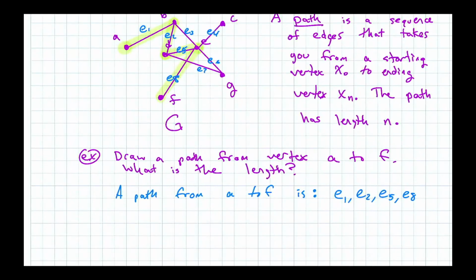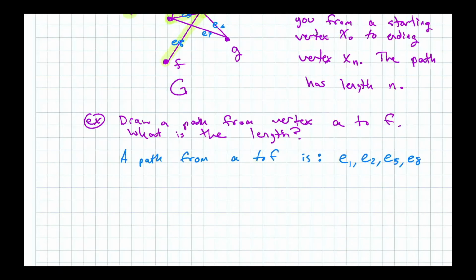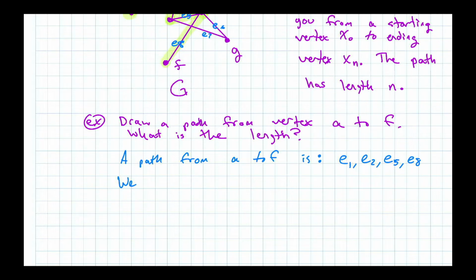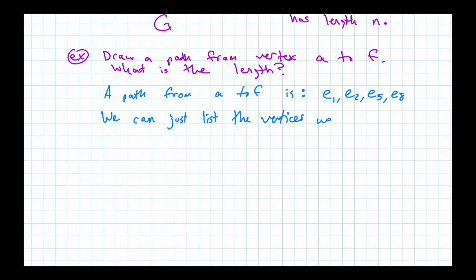Now, having written this path here, because there are no multiple edges, we could have just listed the vertices that we traveled along instead. Because there are no multiple edges, which in this case means there's no difference between the edges.